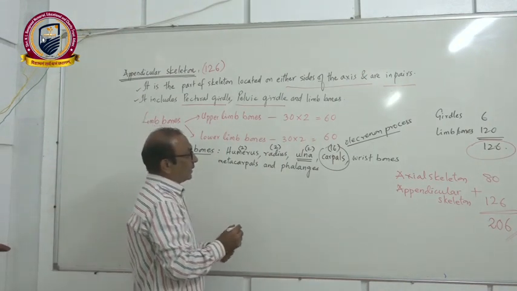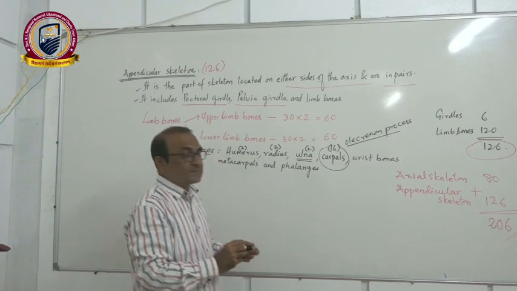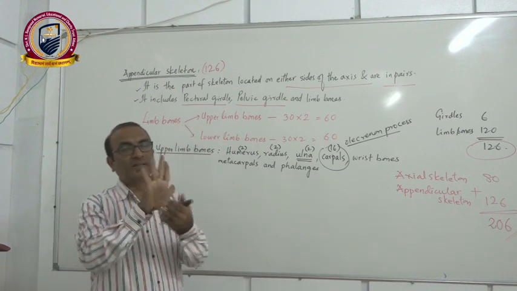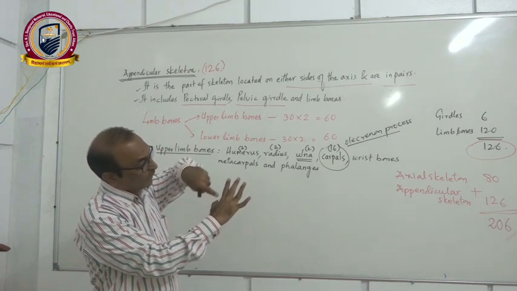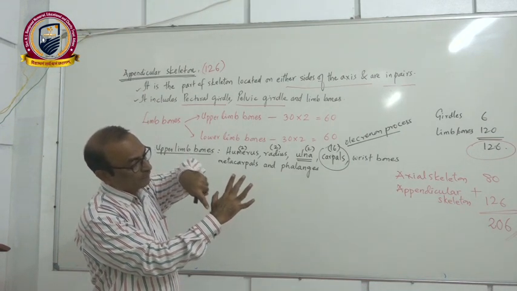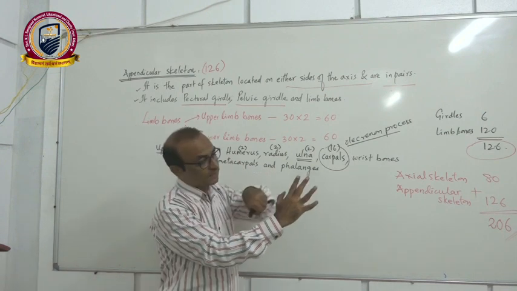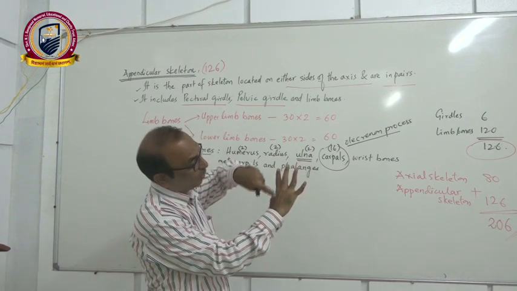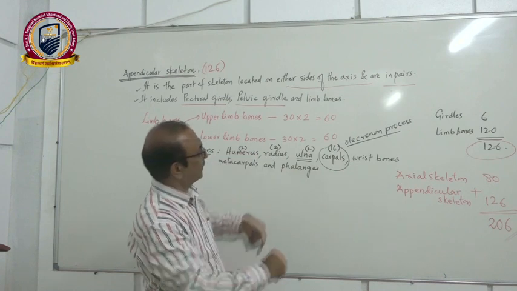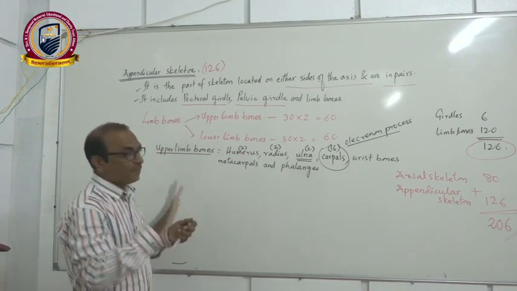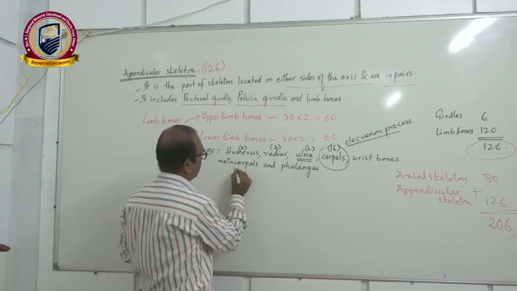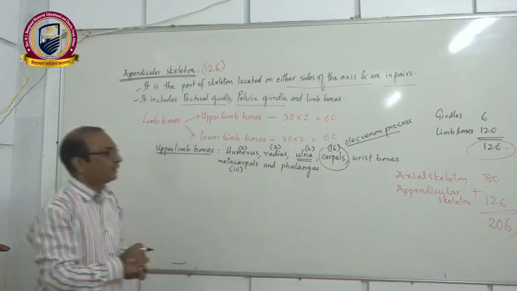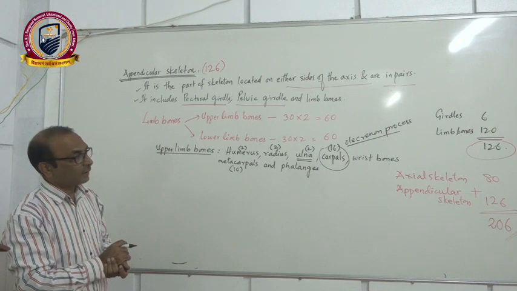And then metacarpals. Metacarpals are the bones which support our palm region, right? Joining to each of the fingers from the carpals, there are long bones called metacarpals. These metacarpals are 5 in one hand and 5 in the other. So there are 10 metacarpals.